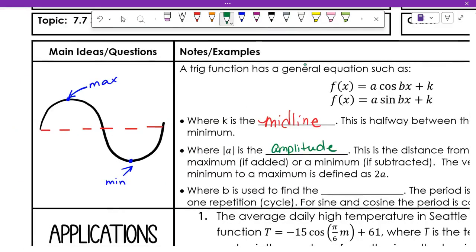Meaning, if I go from this midline up to this maximum, this distance would be adding A. And if I go from this midline to this minimum, this distance would be subtracting A. Likewise, from the maximum to the minimum, that entire distance is 2A. If this is A, add those together, that's 2A.